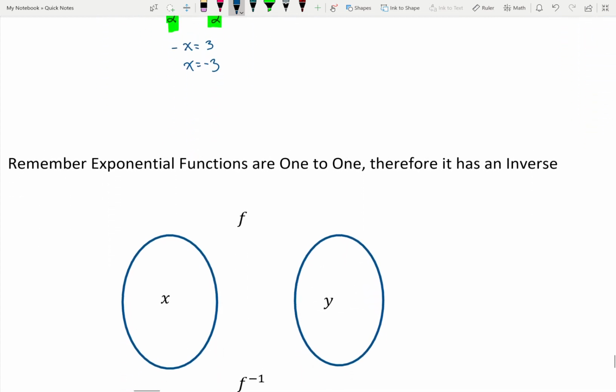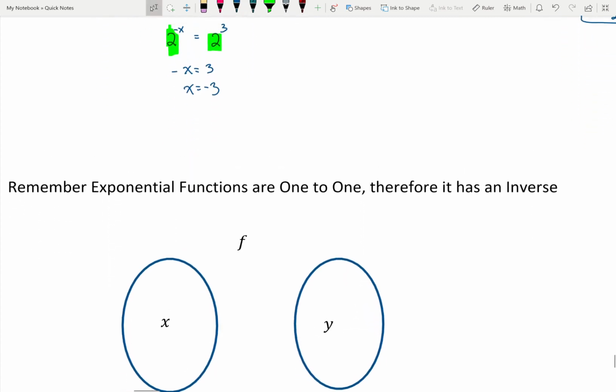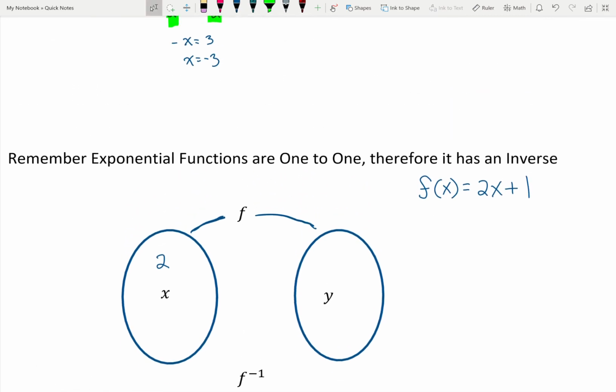It means this. A function takes something from my domain, I put those x's into my function, and it creates some y value. So for instance, let's say like 2. And I have a function f of x equals 2x.